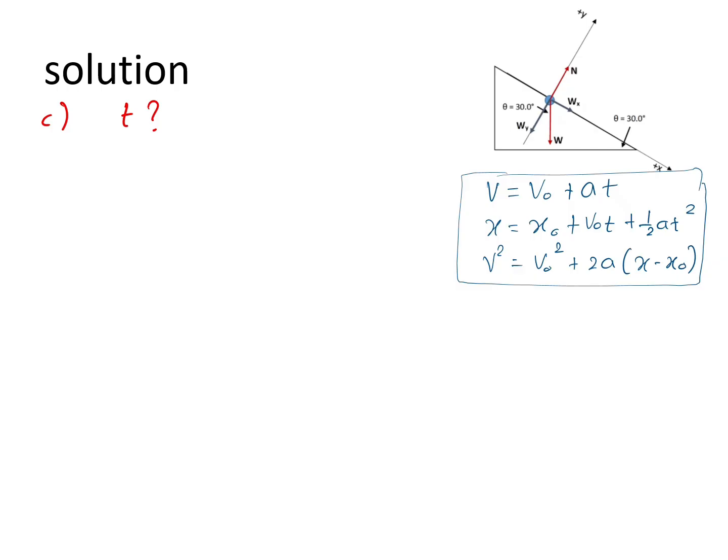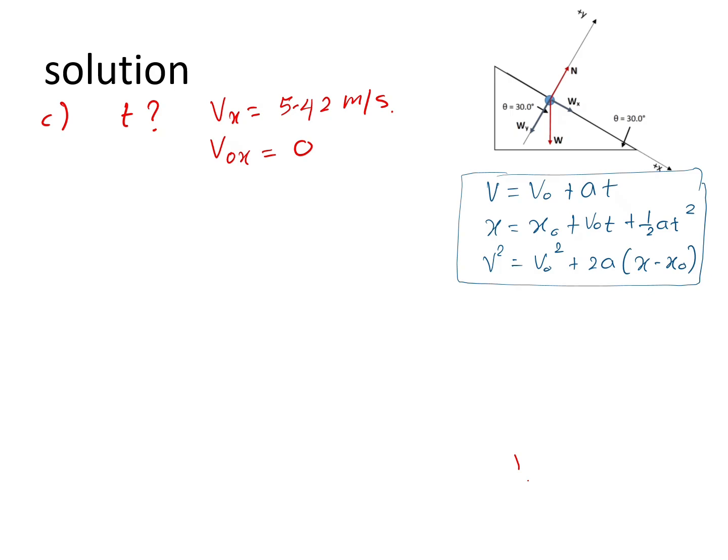For part C, how long does it take the rock to reach the bottom of the incline? Let's first write down the known values. We know the final x velocity v x, which is 5.42 meters per second. We know the initial x velocity v naught x, which is 0.